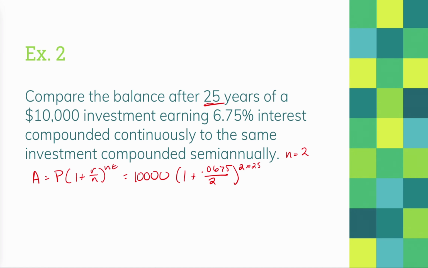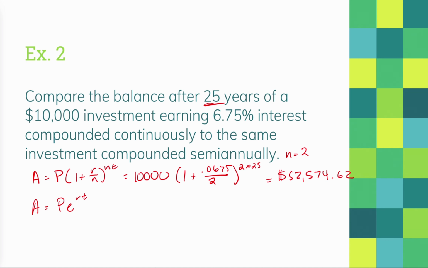And so when we plug all of that into the calculator, 1 plus 0.0675 over 2 to the 2 times 25, plug all that into the calculator and come up with $52,574.62.